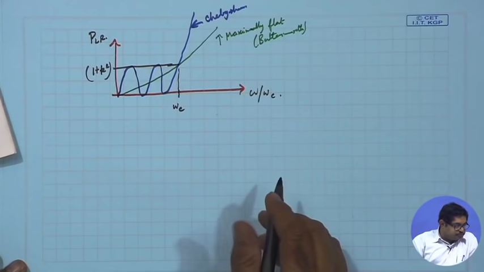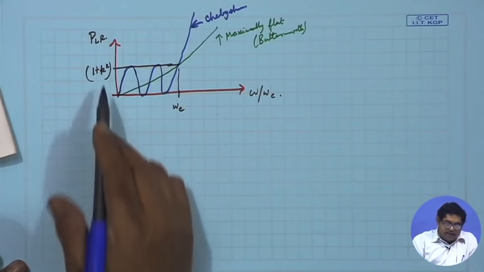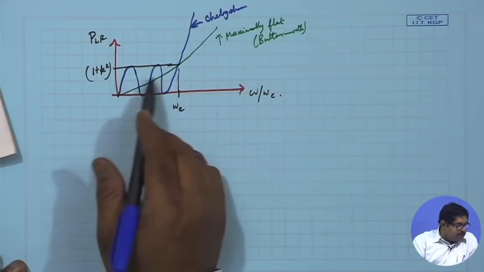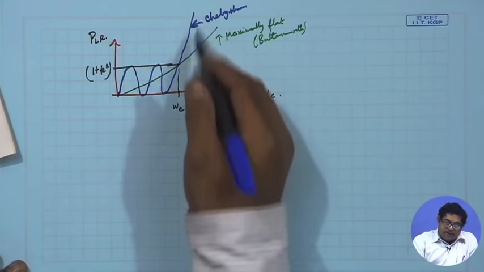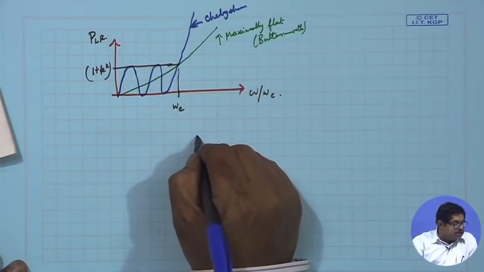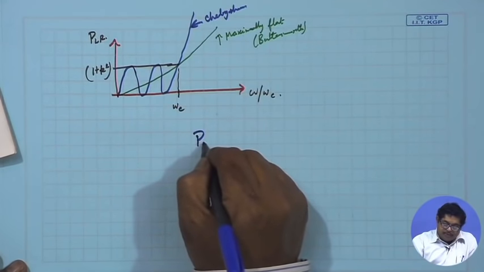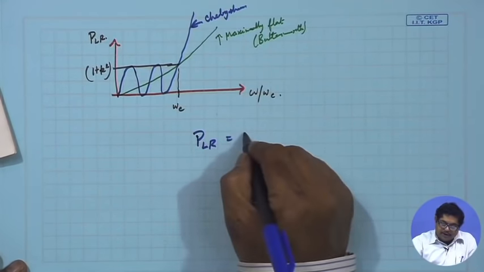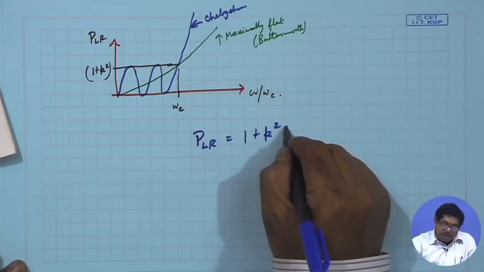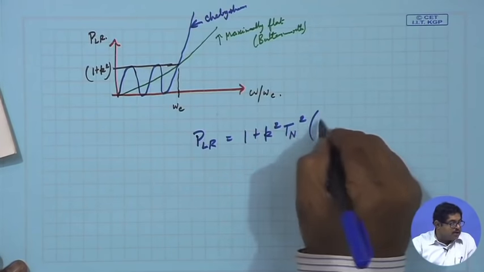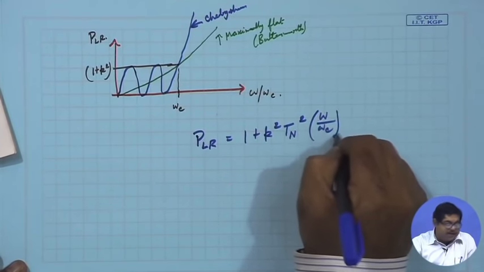Again you can determine the ripple level by this k square. And what is the rate of increase? First let me write down the Chebyshev polynomial form: 1 plus k square T n square omega by omega c.